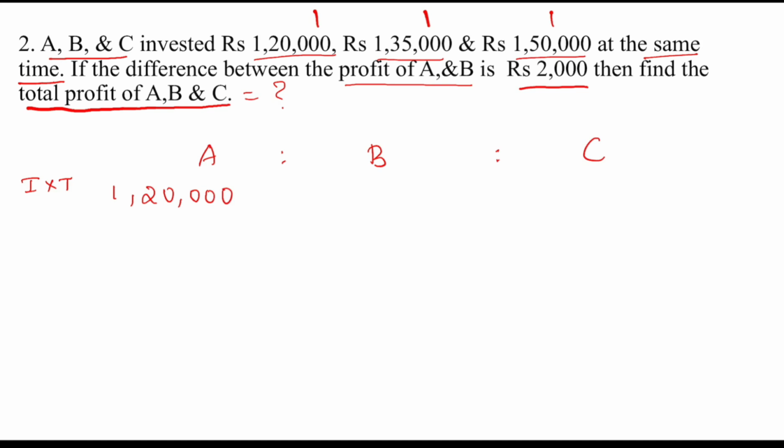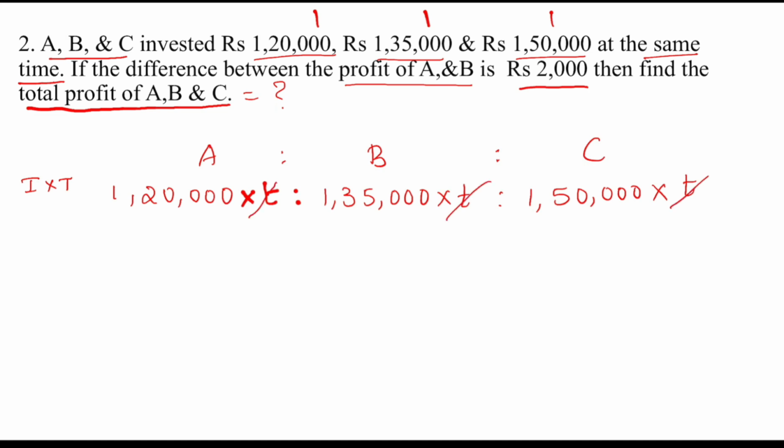So if we take it as T also, for some time they are investing, this T will get cancelled for all the three. Now B is investing 1,35,000 for some time, same time as A. And C is investing 1,50,000 again for same time as A, isn't it? So T. Now T is same in all the three, so T gets cancelled.